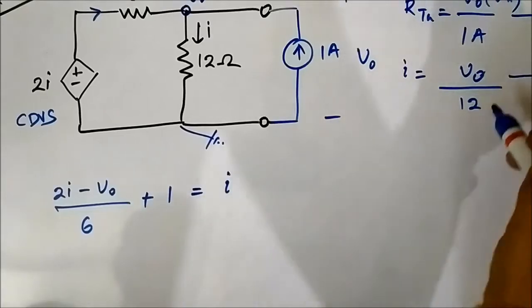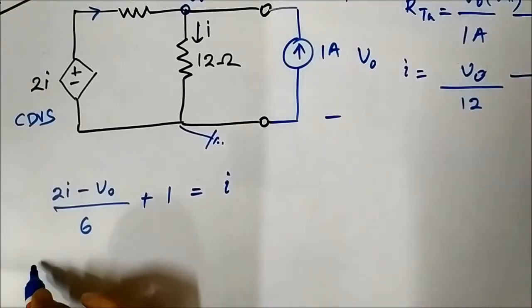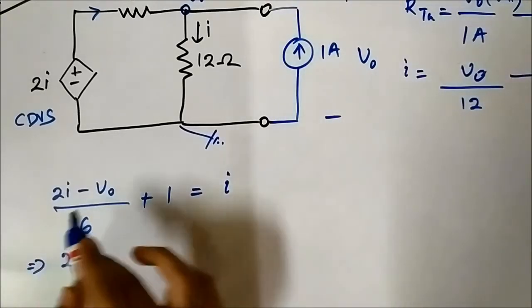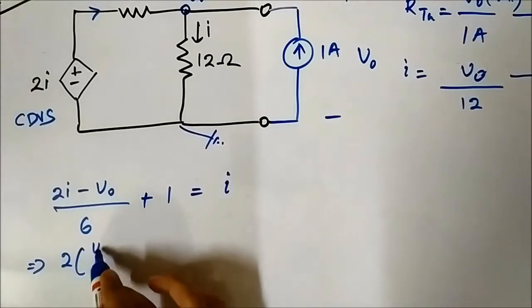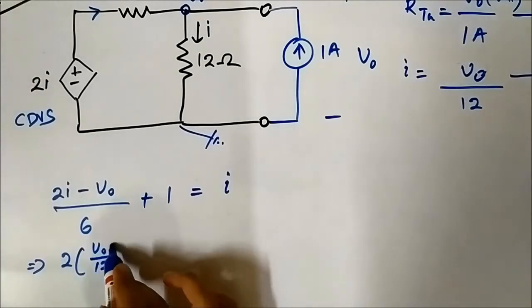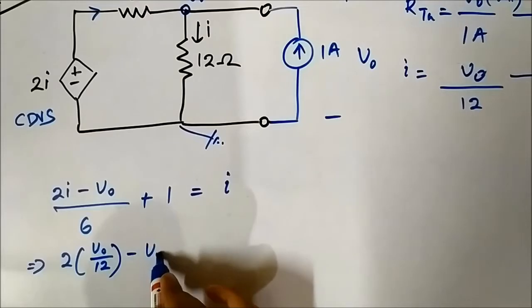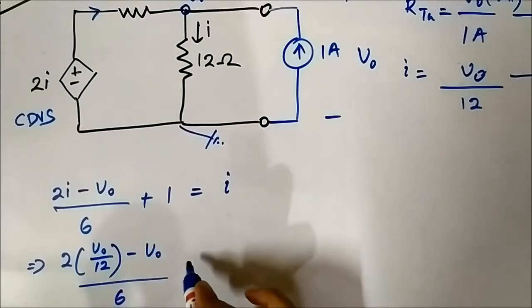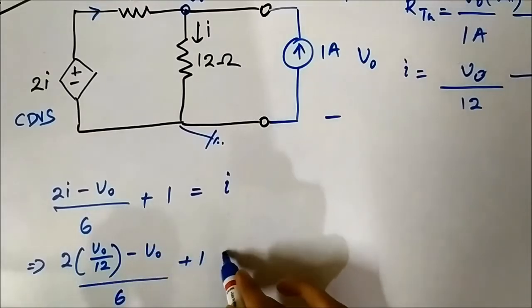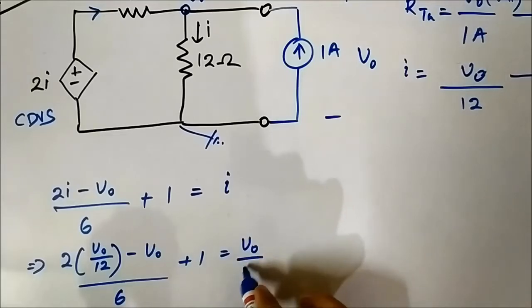Now let us substitute the value of I in terms of V0. So 2I, which is V0 by 12 times 2, minus V0 by 6 plus 1 is equal to V0 by 12.